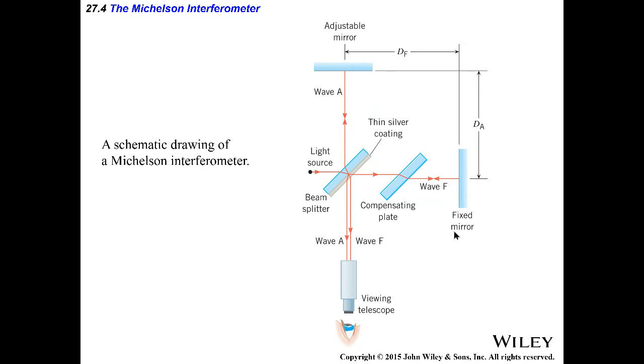Now, you might say, why is this Michelson-Morley experiment so important? That's because we will come to special relativity in chapter 28. And this Michelson-Morley experiment confirmed for Einstein, Einstein then says, therefore, the velocity of light is an absolute constant.